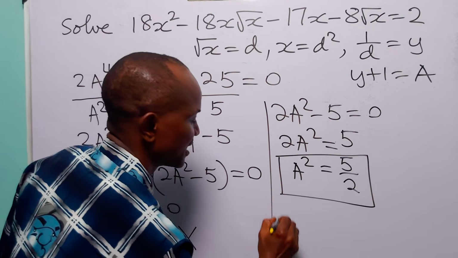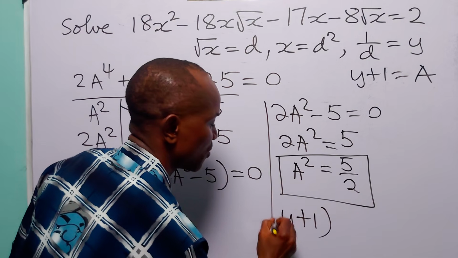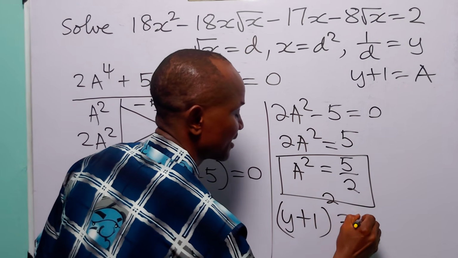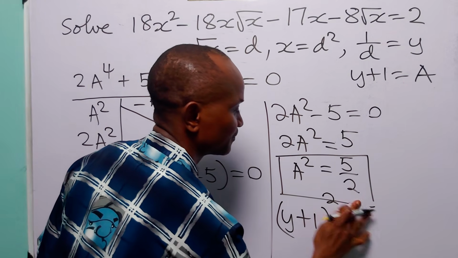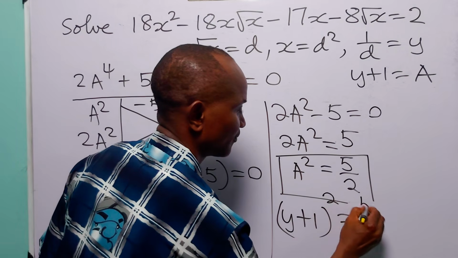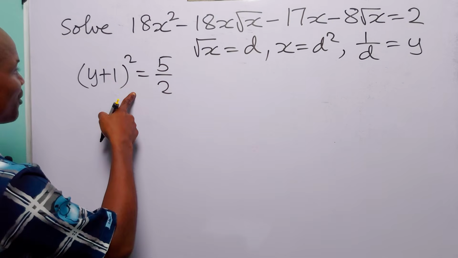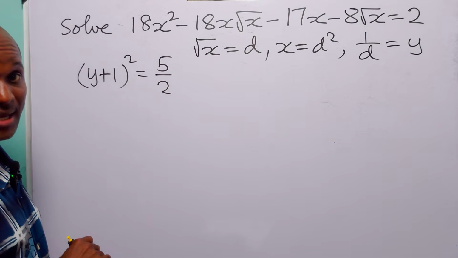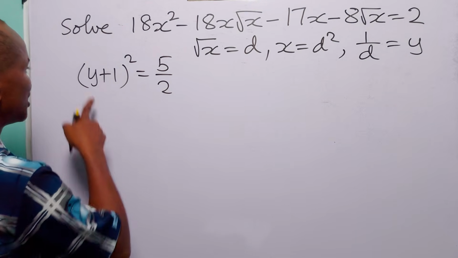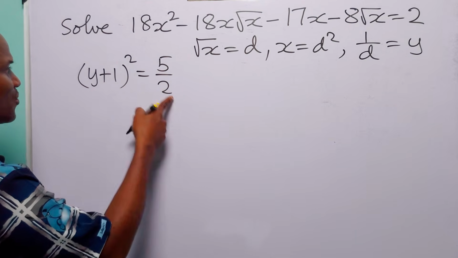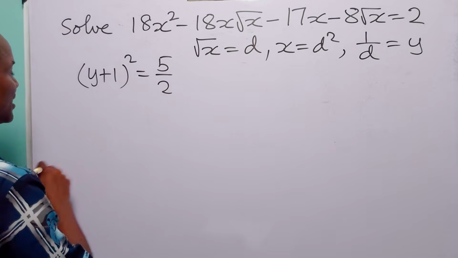So that simply means that y plus 1 squared is equal to 5 over 2. Now from here, to find the values of y, we take the square root of both sides of the equation.